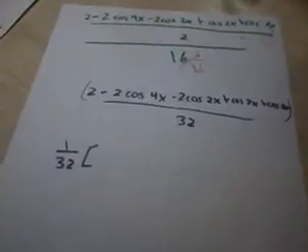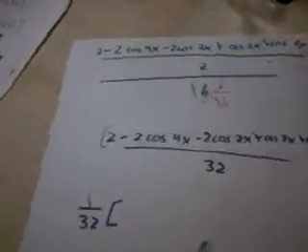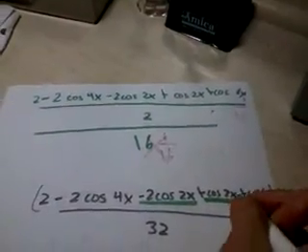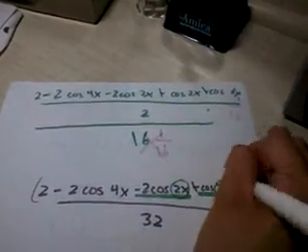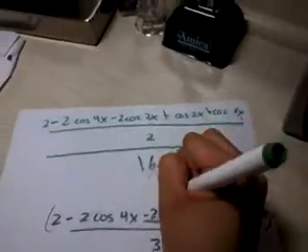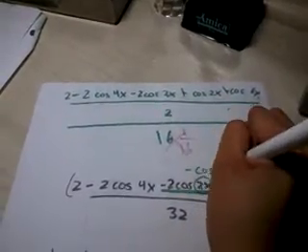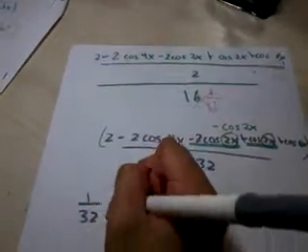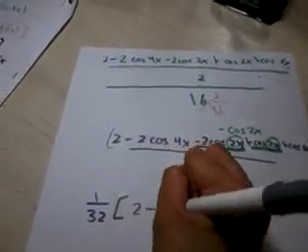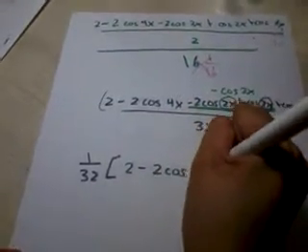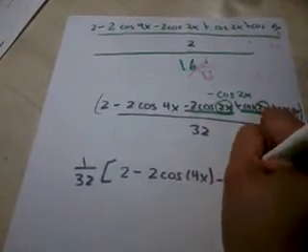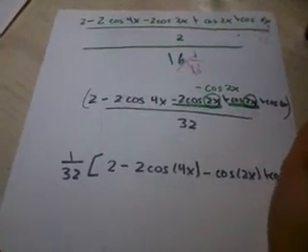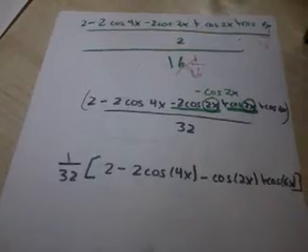But before we do, we see that we can combine like terms. We have minus 2 cosine of 2x plus cosine of 2x. They share the same variable, so it would just be minus cosine of 2x. So our final answer would be 1 over 32 times 2 minus 2 cosine of 4x minus cosine of 2x plus cosine of 6x. And that's our answer.